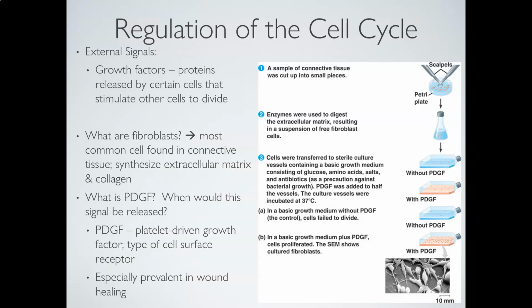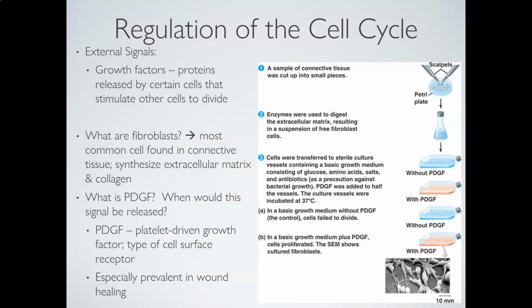And that's kind of what you're looking at here in this figure, is just our understanding of how this regulation ends up working. So what they did was they took a sample of connective tissue, cut it up into small pieces within a petri dish, and then utilized enzymes to digest that extracellular matrix, and they resulted with just those free fibroblasts.